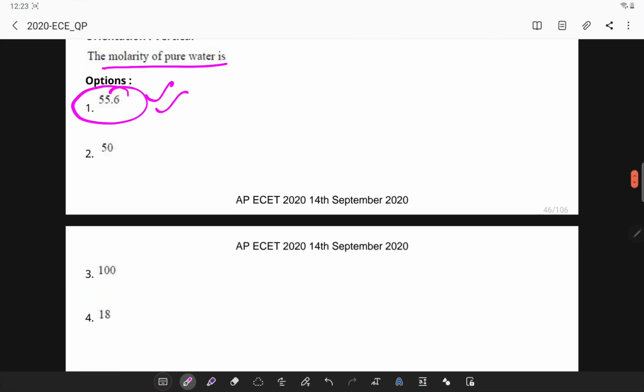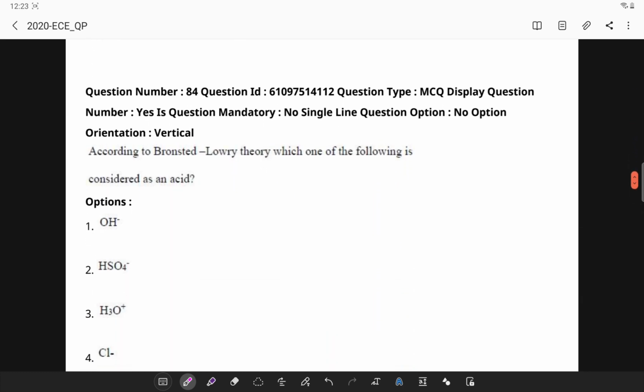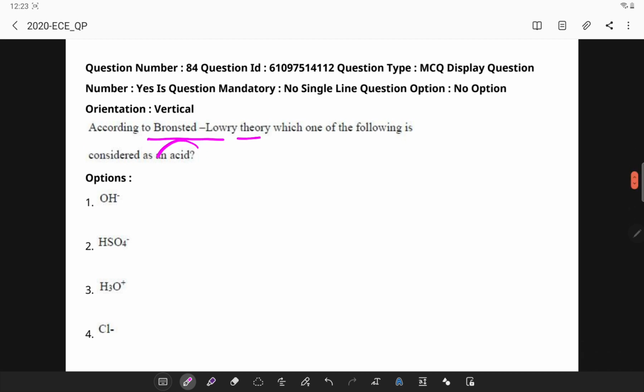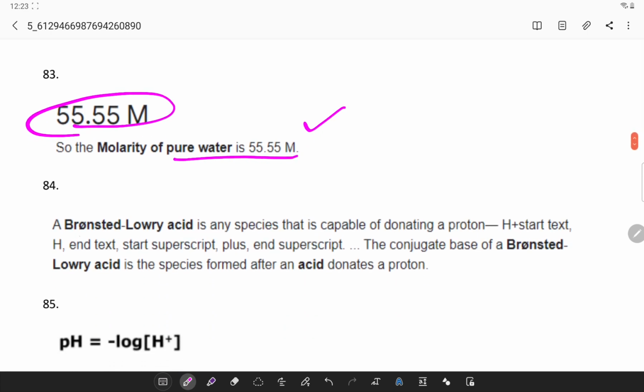So next, according to Bronsted-Lowry theory, which of the following is an acid? Among all the options given here, it is H3O plus. A Bronsted-Lowry acid is any species that is capable of donating a proton.